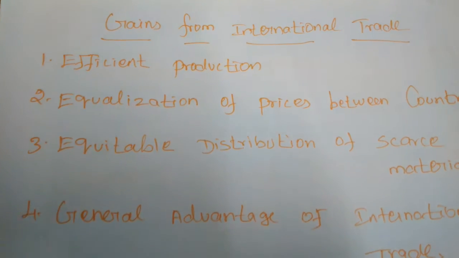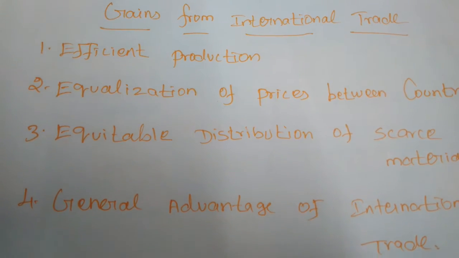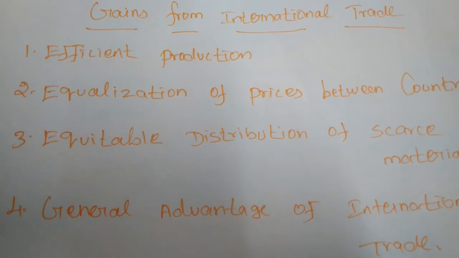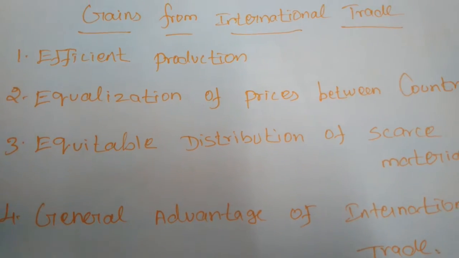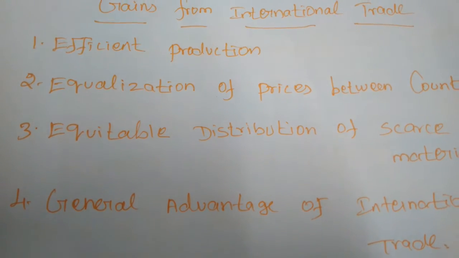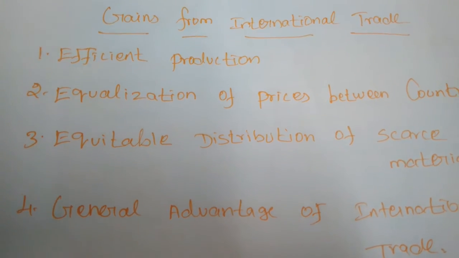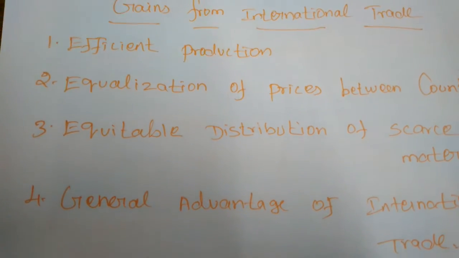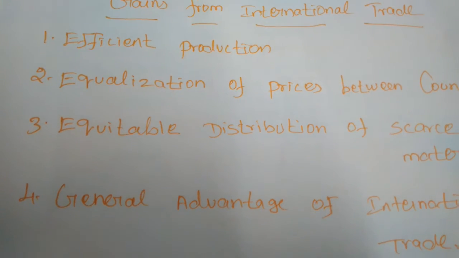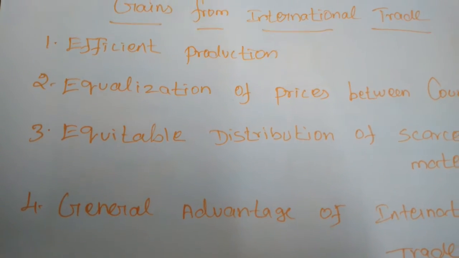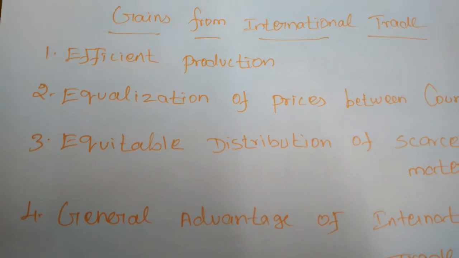First, better utilization of resources. When all the nations are involved in international trade, all the resources will be utilized in a better or optimum way, because we have to use all the resources till the last unit of production. And if the resources are very scarce, they have to use these resources in the optimum or better economic way.